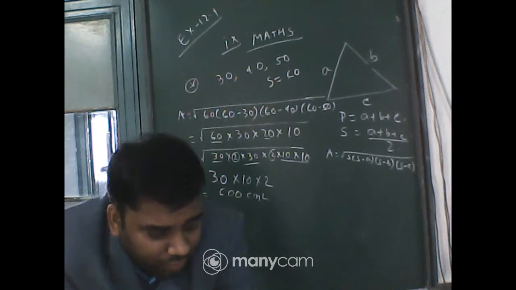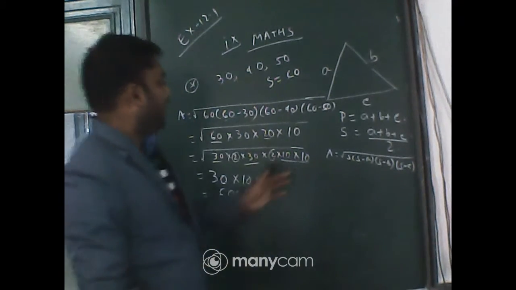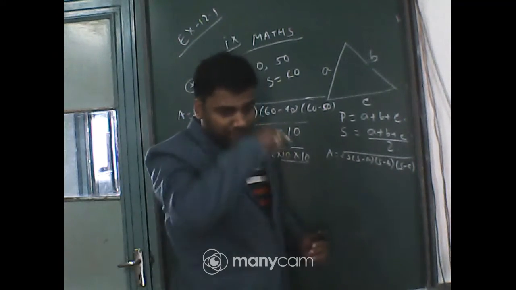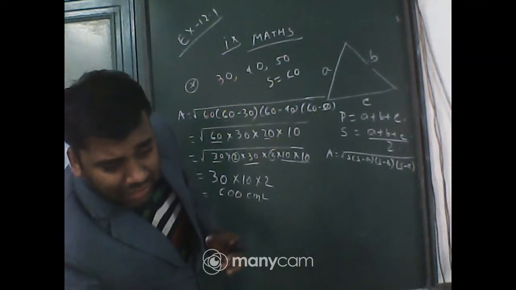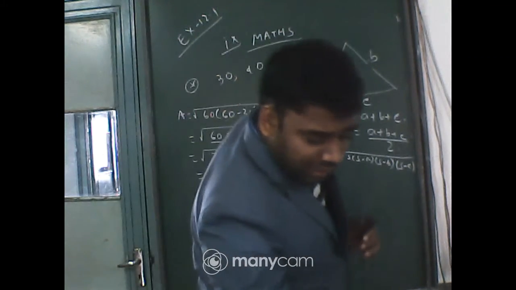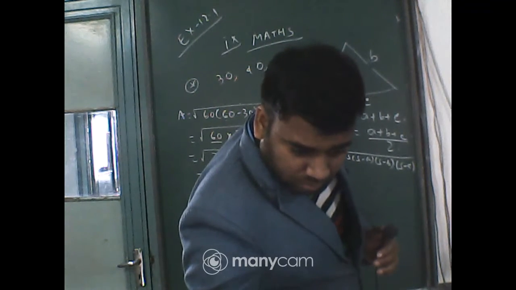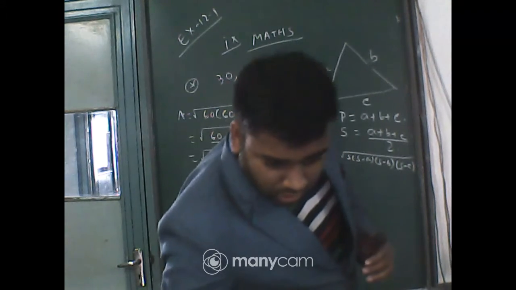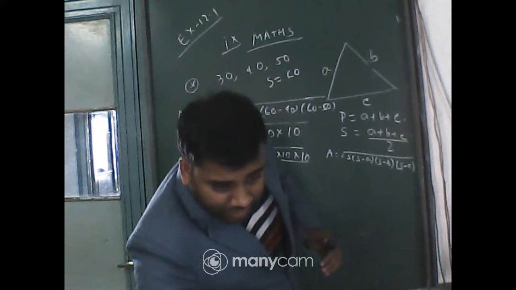So using that formula, A equal to root of S into S minus A, S minus B and S minus C, where S is the half perimeter, and A, B, C are the lengths of the sides of the triangle. That is the formula for finding area.